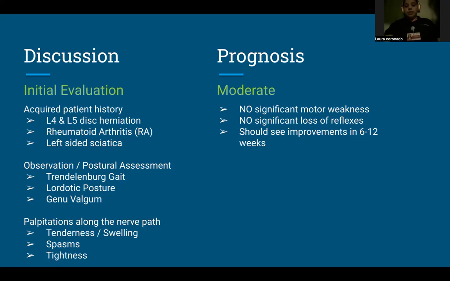So my patient, although she finds it very difficult to do basic tasks like showering, going to the restroom, walking, she ultimately could do it. It was just incredibly difficult for her. So this is why this is a moderate case, because again, she is ultimately able to walk, but obviously very slowly.